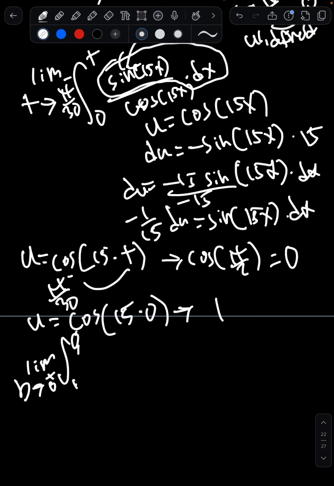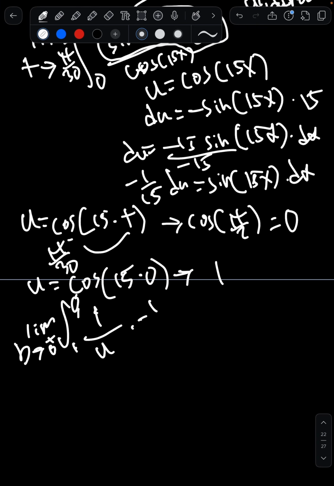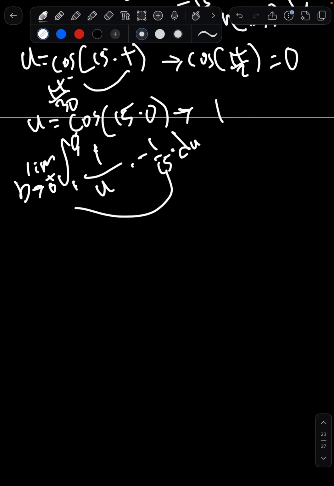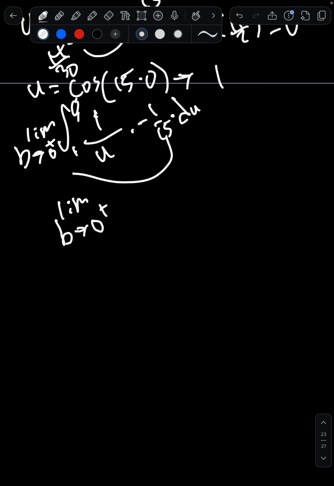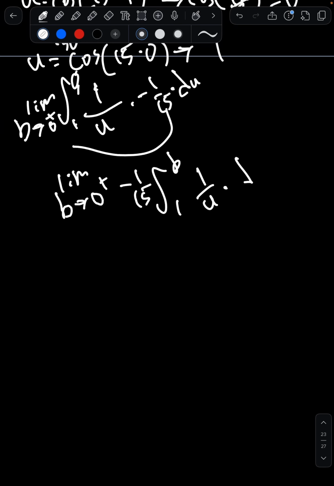Now, applying our u sub, we can rewrite this as 1 over u times what we let du equal, which was the negative 1 over 15. So now we can bring out this constant to the front. We'll have the limit as b approaches 0 from the right, times negative 1 over 15, the integral from 1 to b of 1 over u times du.